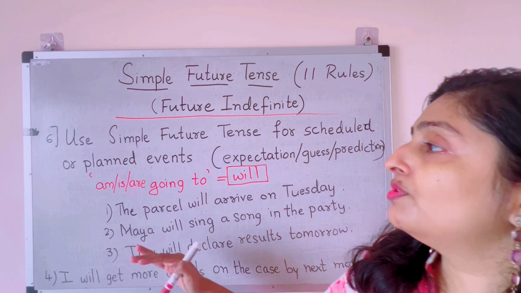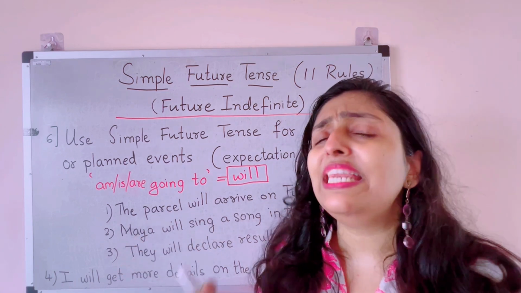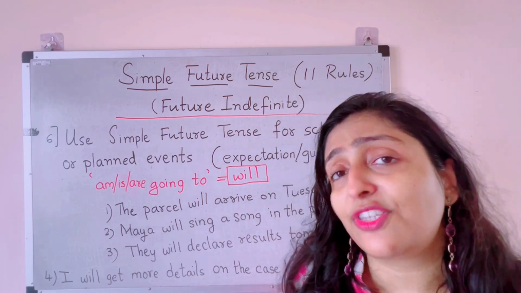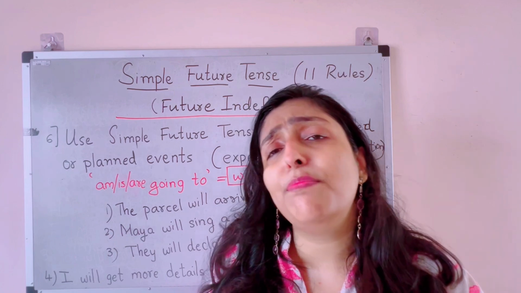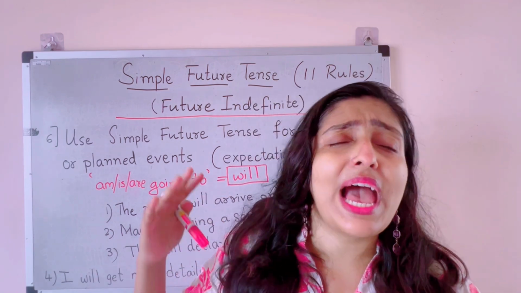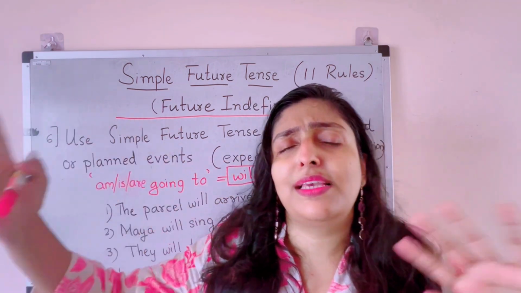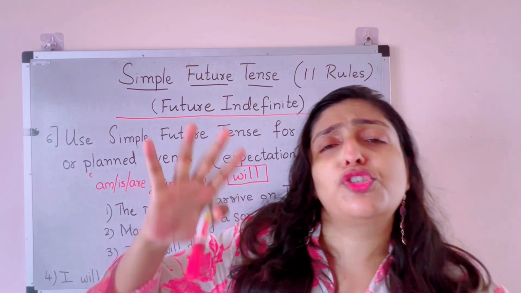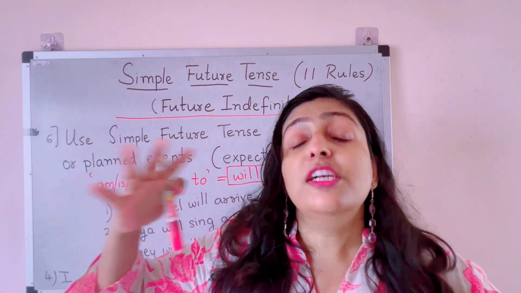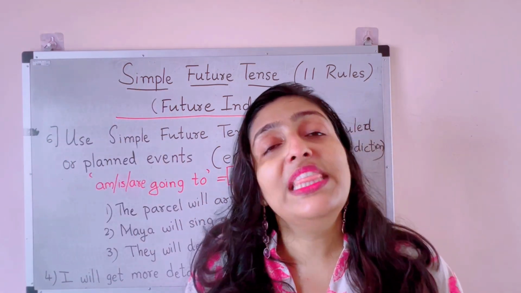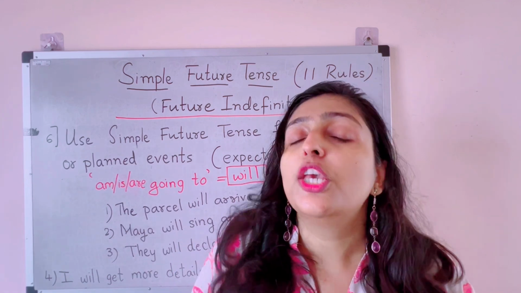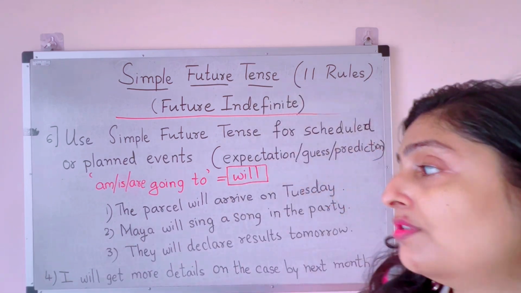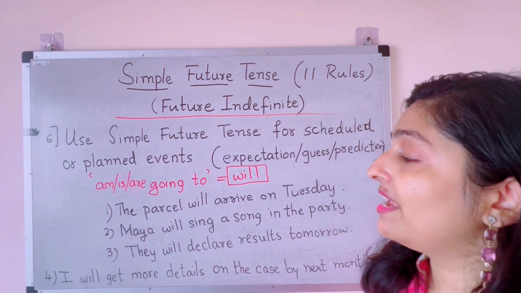Okay, back to the examples. If any event or action has already been planned and all the arrangements have been well set up, everything is established and fixed to happen in the future, then in such cases use simple future tense. Let's look at the examples.